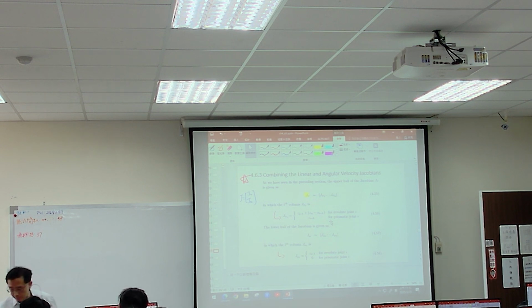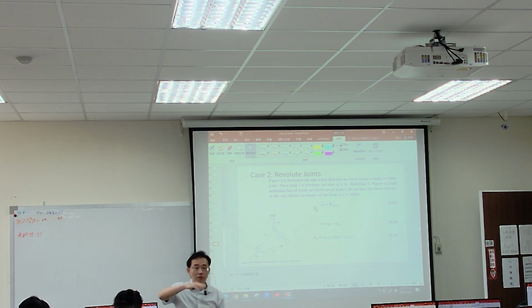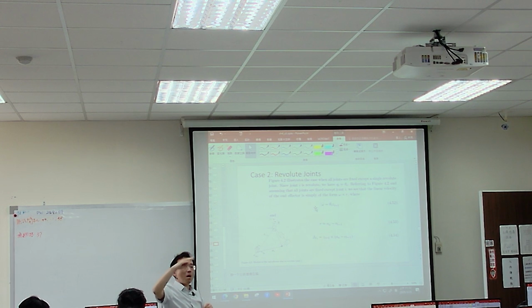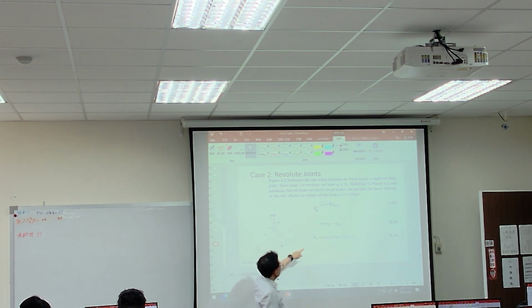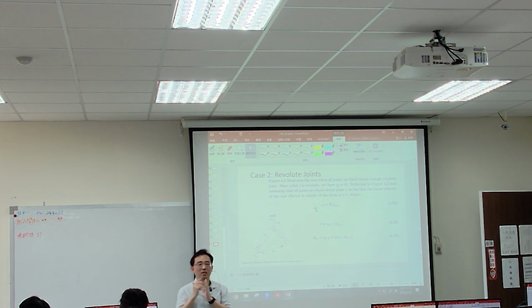Let's continue with another. I always like to compare for you, okay? The same joint, but it's a revolute joint. The revolute joint for the linear velocity is still a linear velocity. We are not going to the bottom one because the Jacobian has the linear velocity in the top, rotational velocity in the bottom. Linear velocity, you need to have one axis let it rotate.